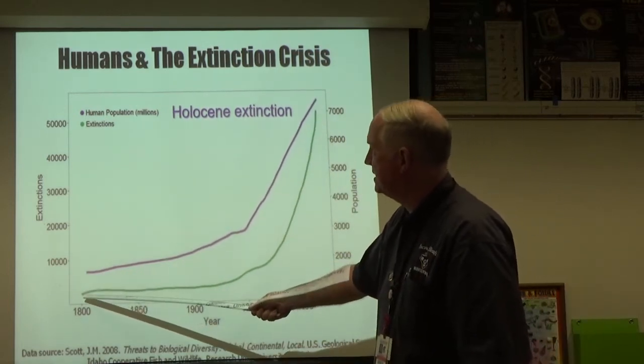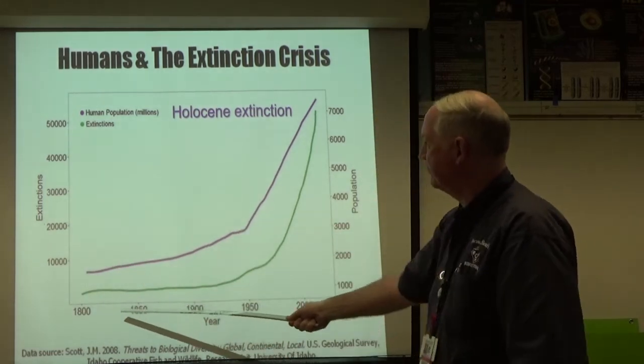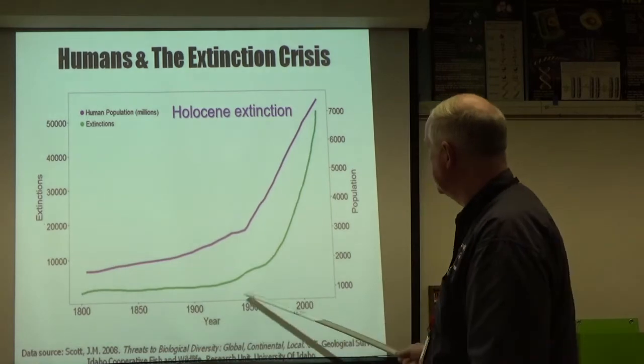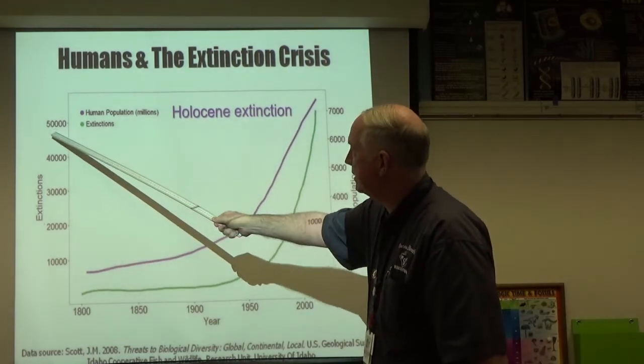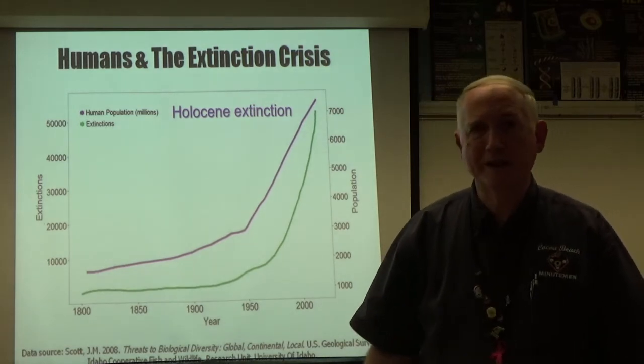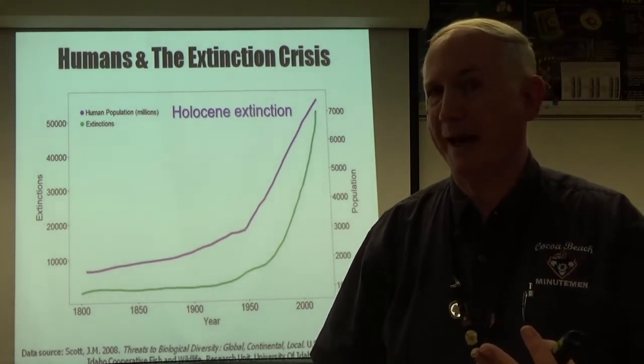The green line is extinctions, and so you use these numbers over here, and from 1800 to 2000, 50,000 species have gone extinct, mostly due to our impact.